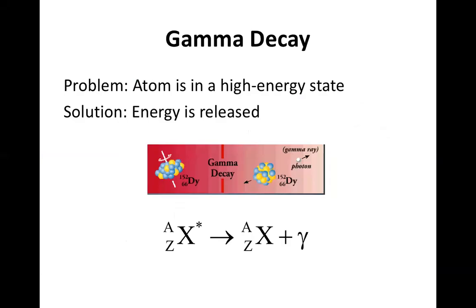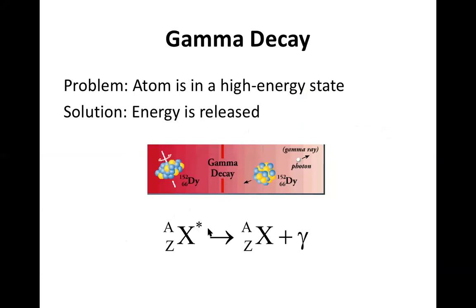Okay, our last type is gamma decay. High energy excited states often occur after a nuclear reaction. So this is like an isotope that has been produced from some nuclear reaction, and it's in a high energy state as indicated by this asterisk.